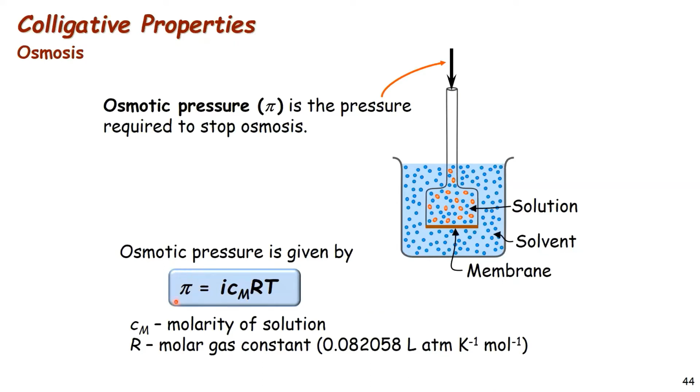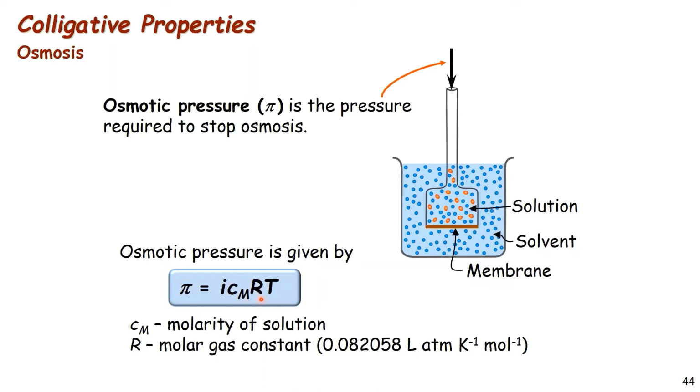The osmotic pressure, again, given by pi, is equal to i times C times R times T. This i is the Van't Hoff factor. So again, that would be 1 for non-electrolytes, so molecular compounds for the most part. Or if it's ionic, if it's a strong electrolyte, how many ions it dissociates into. And then this is the concentration. Now this is the molar concentration, moles per liter. Remember the freezing point depression and boiling point elevation used the molal concentration, but this is the molar concentration.